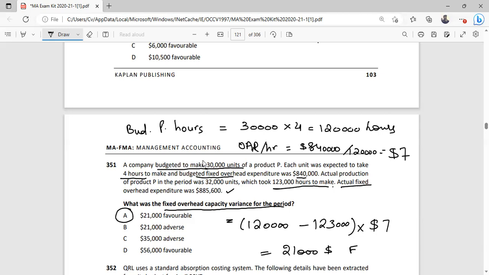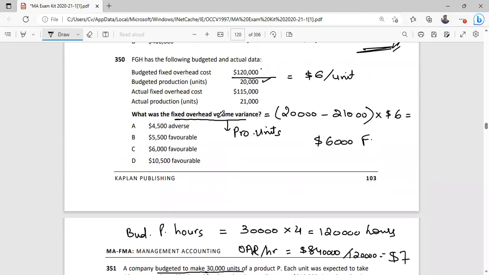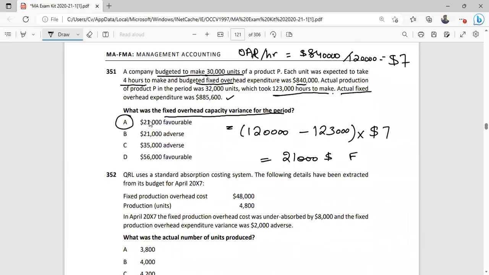There is also an answer of 21,000 adverse, and most of the students do not know that in the fixed overheads capacity variance and in the fixed overheads volume variance, higher actual activity means favorable. He or she can pick B as the correct answer because the answer will be negative, and most students say that when the answer is negative, it means adverse.